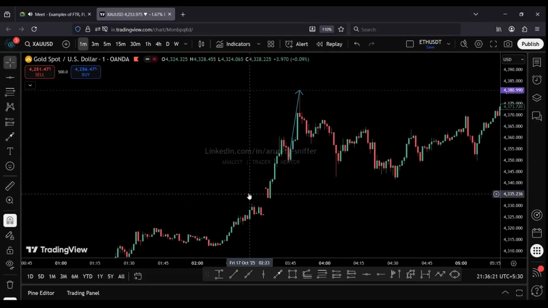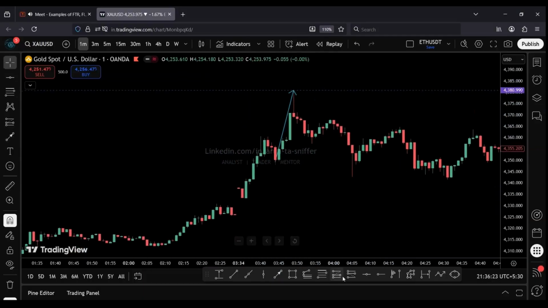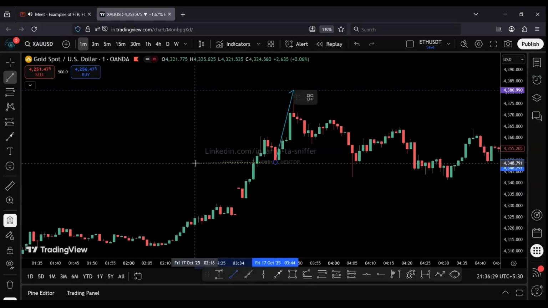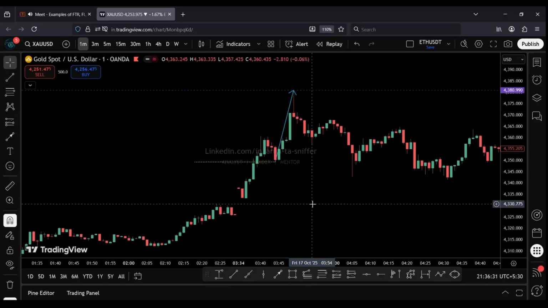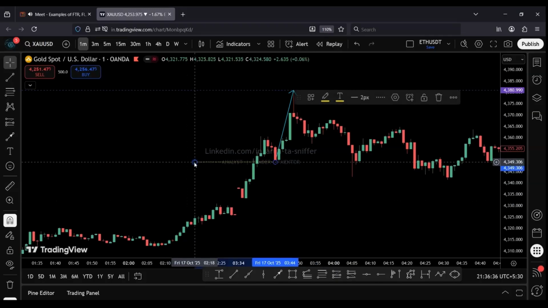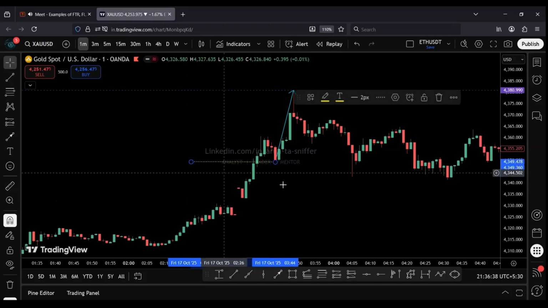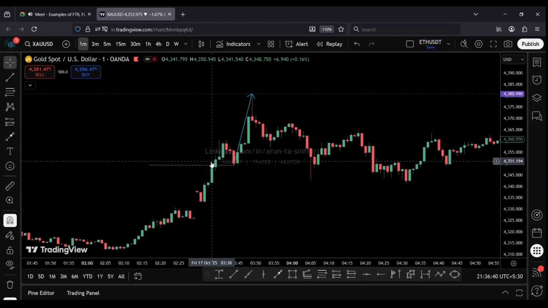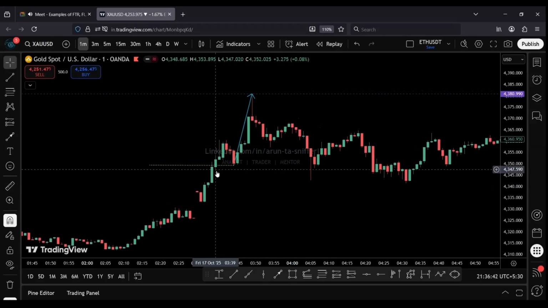So what we will do, we will go to left like this, okay? And see which was the first candle which broke it and till where it retraced back.